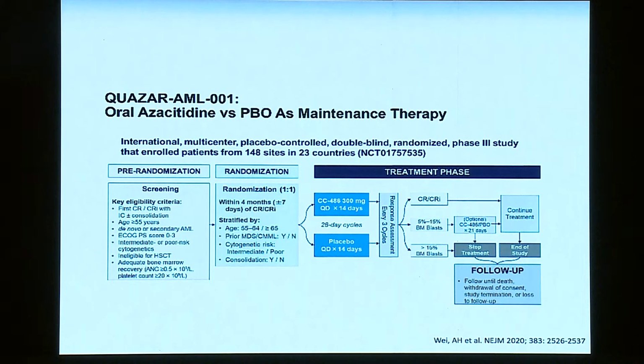Some of them would receive oral azacitidine, which is 1 tablet a day for 14 days, in a 28-day cycle, and the other would receive just placebo.